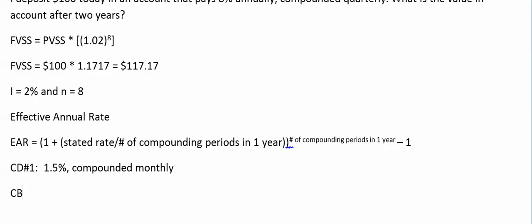And another CD is offering 1.6%, but it's only compounded quarterly. And actually, because I want to prove a point, I'm going to lower this to 1.52 and hope that what I'm trying to show you occurs.